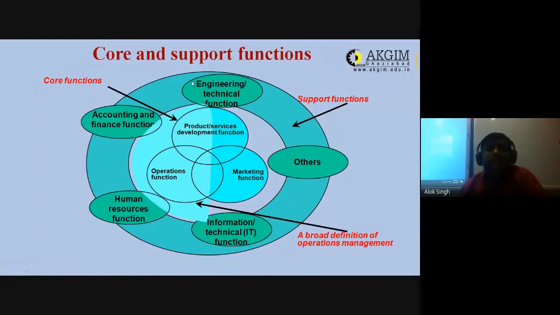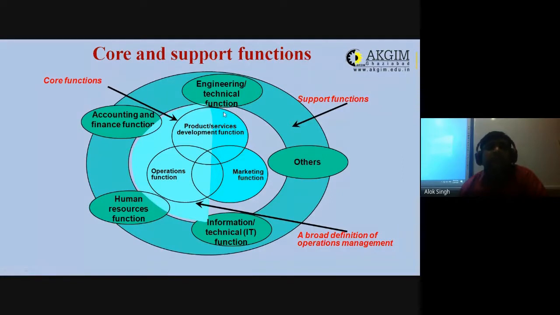You decide this in the engineering or technical function, means by which way you are going to produce. There are multiple technologies or processes available, but you need to decide which one you will choose. So that is basically the engineering and technical function.